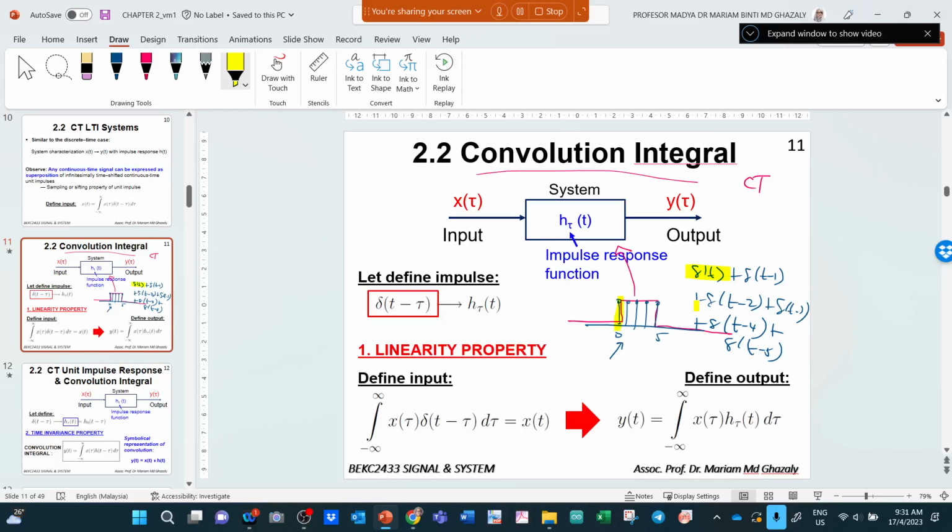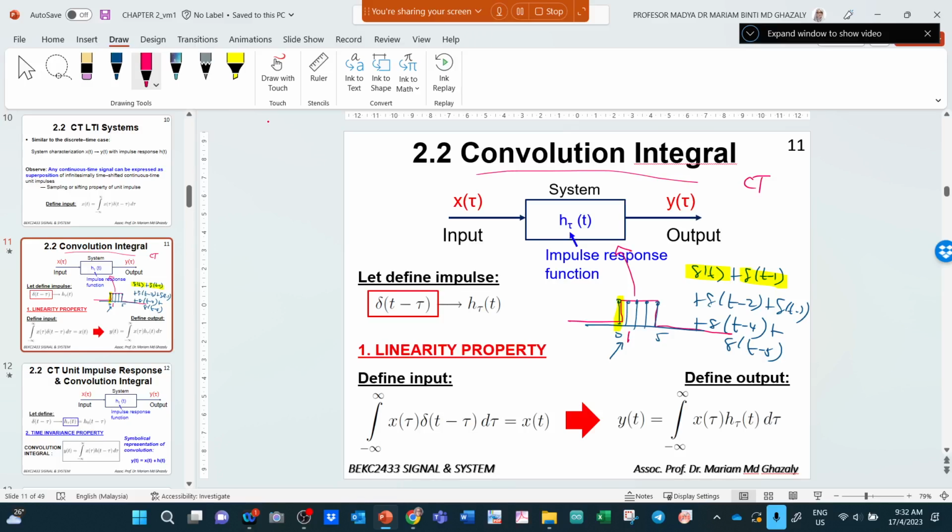Where is delta(t)? This delta(t), plus another at the point where delta is shifted by 1, which is a time delay, so delta(t minus 1) is at this point. Right? I don't know, I'm not seeing anyone nodding. Right? This is only the start. When we get into convolution later, it will get confusing.